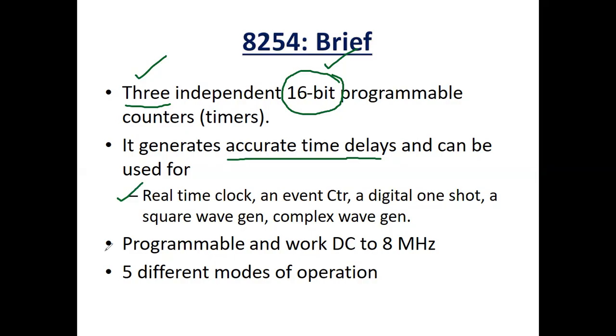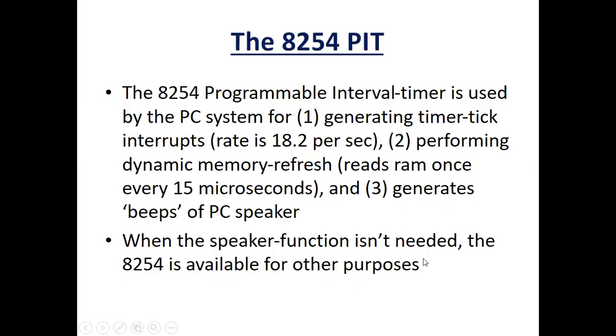The main feature of this IC is that it is programmable, and it can be programmed in different modes. In the next slide, we will see a few details of this programmable interval timer.